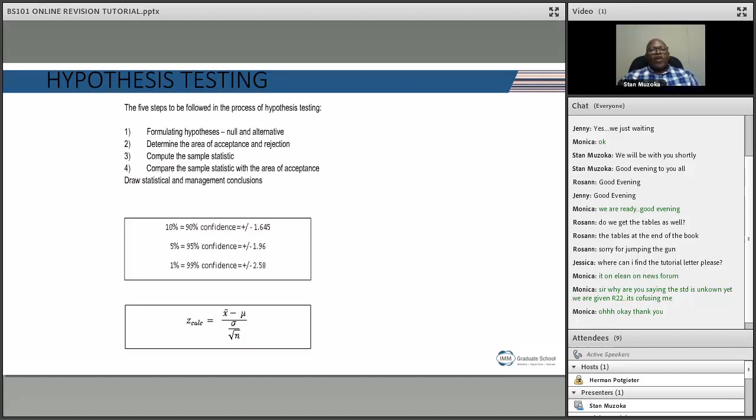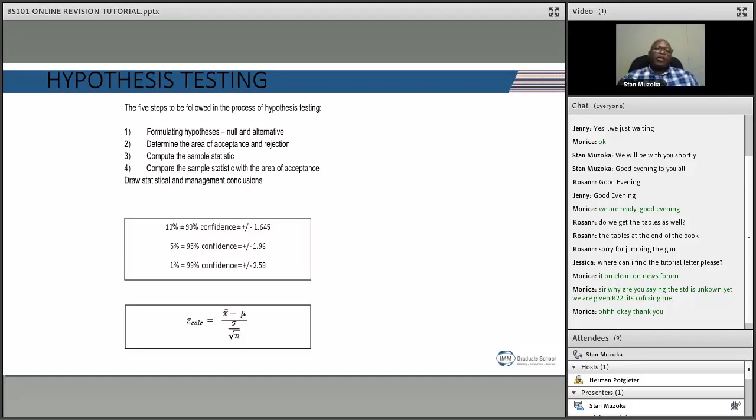We follow the 5-step process. Number 1, define or formulate a hypothesis. There are 2 of them, the null and the alternative. Defining these will be guided by the management question. The nature of the management question will determine how and which one we set up first. We then determine the area of acceptance and rejection.